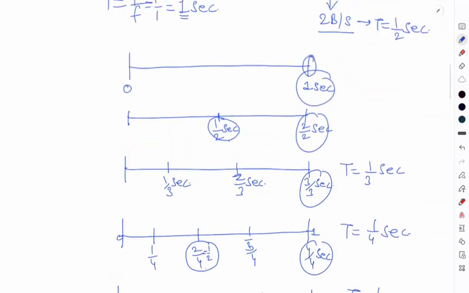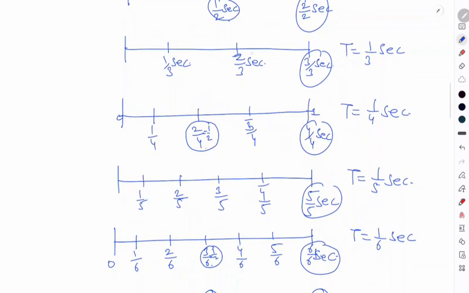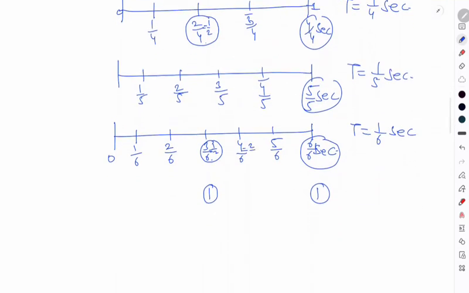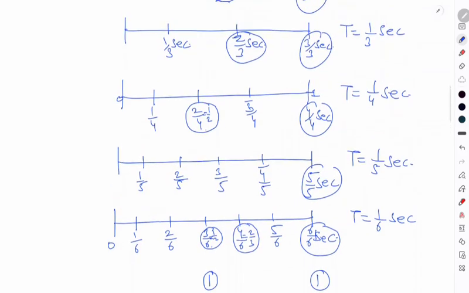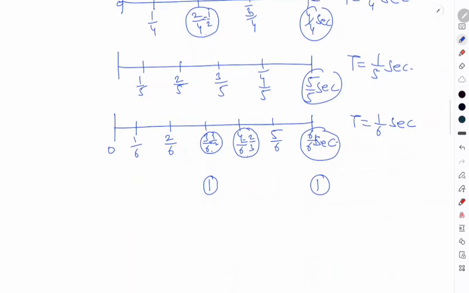Now let's talk about 2/3 second. Here it is 2/3, and here it is 2/3. So this is the common time, and at this moment we will hear maximum sound.